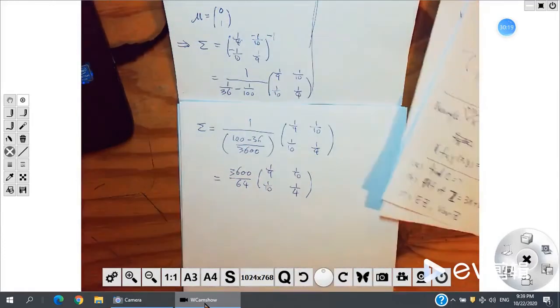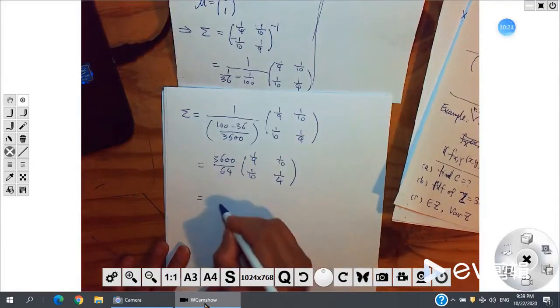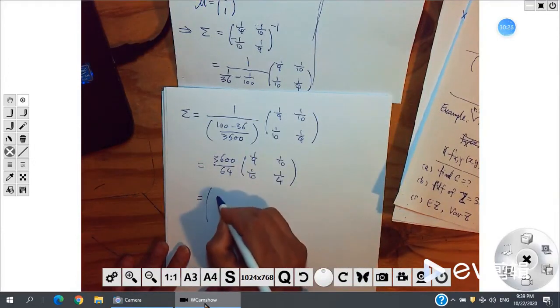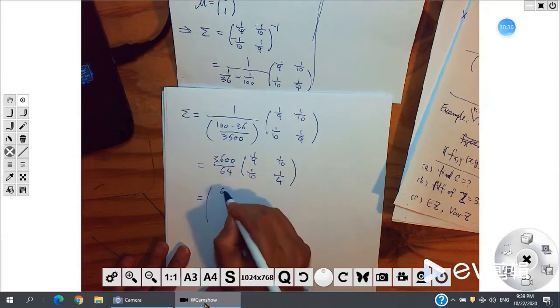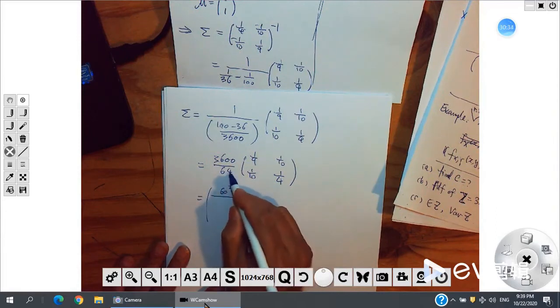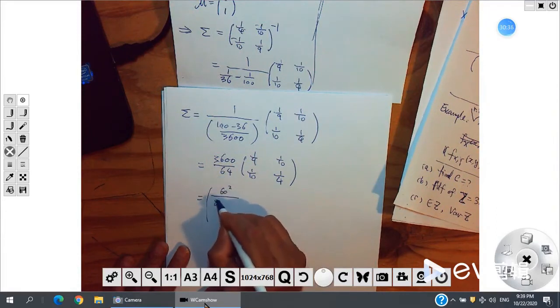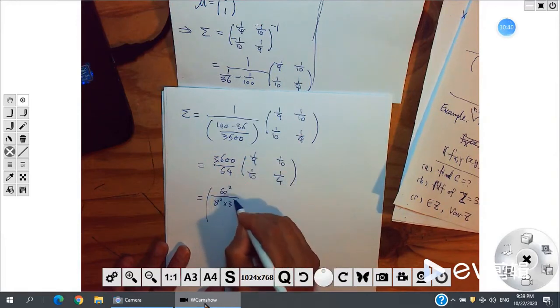All right. When you get sigma, I put it inside. I times them inside. So this is 3600, which is 60 square, right? And over 64 is 8 square, and 9 is 3 square, right?